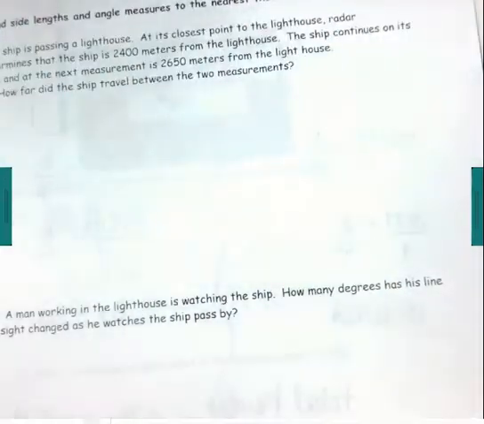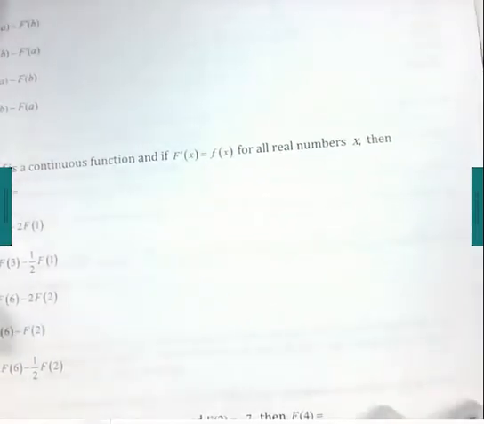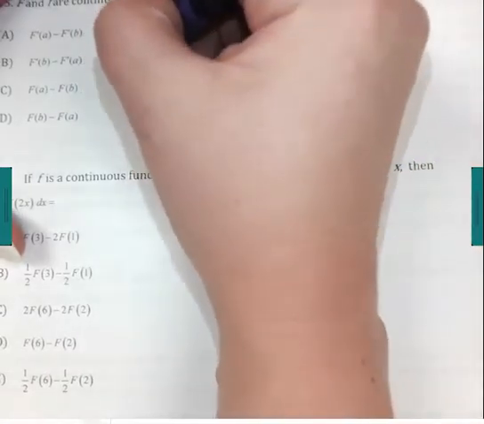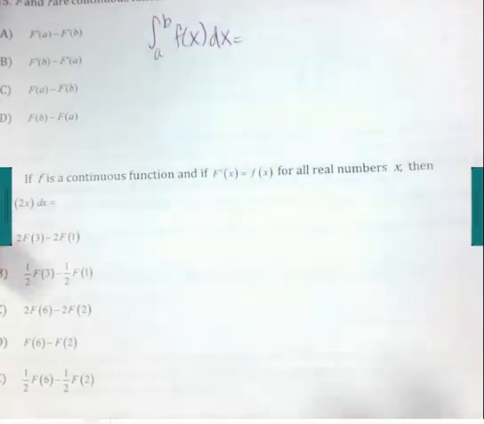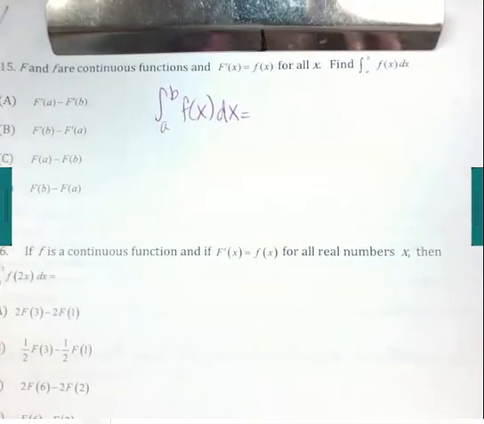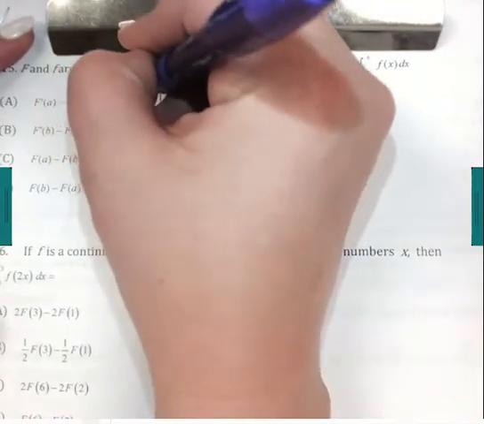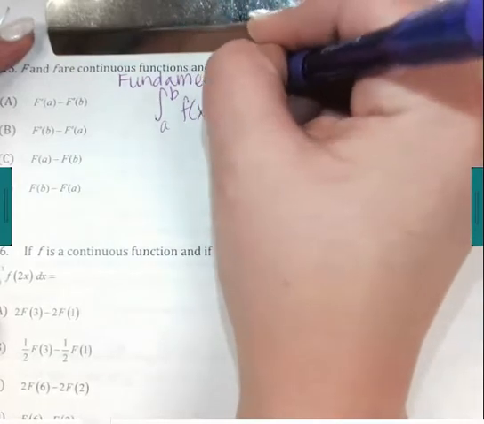Next one. Okay, what is the integral of lowercase f of x from a to b? There's a rule that says what this is. It's the fundamental theorem of calculus. Here's what the fundamental theorem of calculus is in case you forgot.